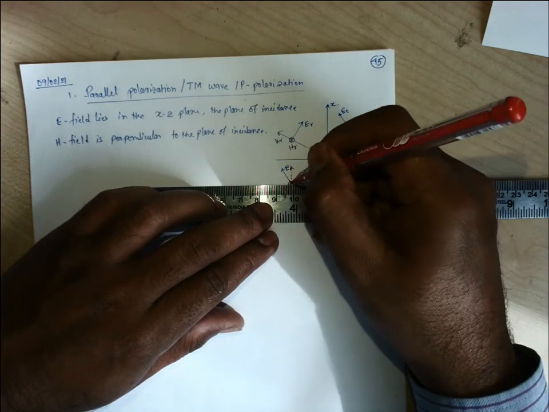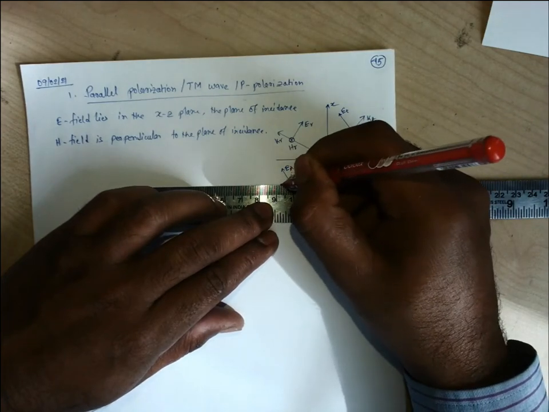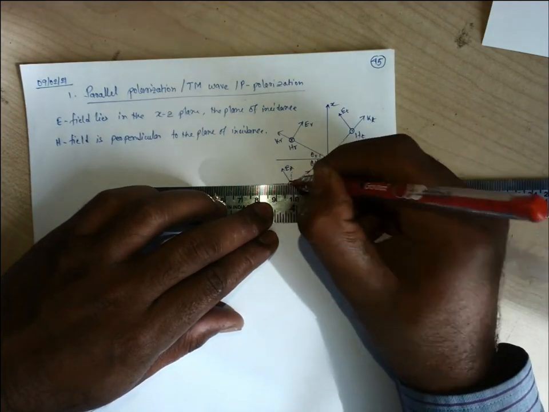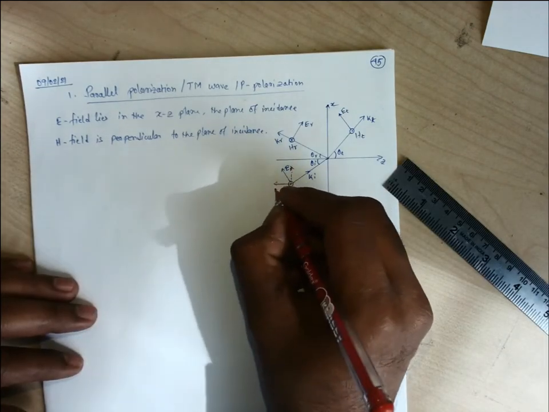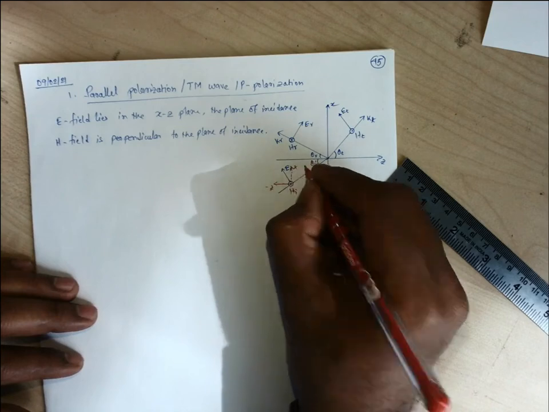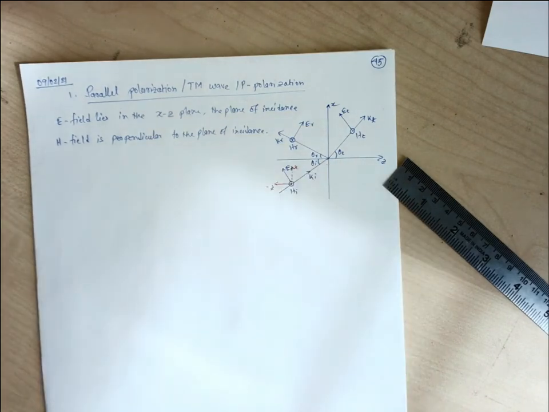For this we consider it along minus z, and this one along x. So we need to find the incident electric field in these two different directions, then only we can say this is the incident electric field.